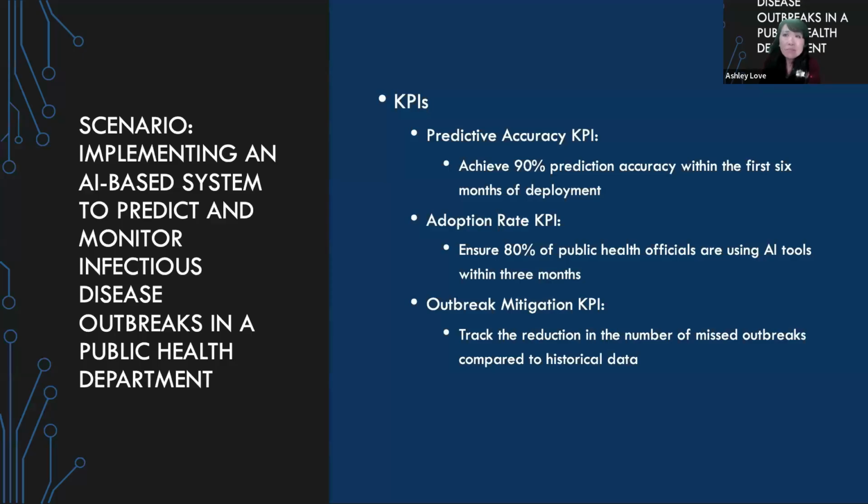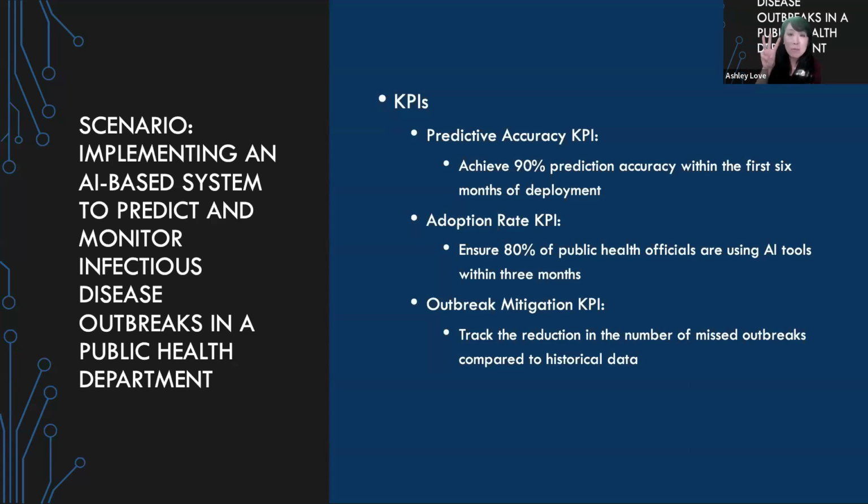So, for example, why are we using this? Well, if we look at the predictive accuracy, 90% accuracy is pretty good. So it gives you some numbers to work off of. And then adoption rate, meaning we want 80% of the public health officials using AI tools at 3 months.